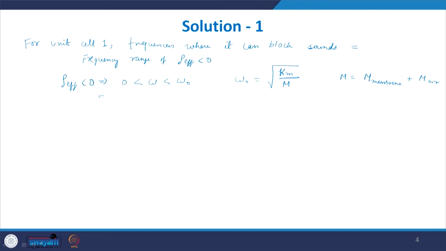What will be the range in the frequency scale? In the linear frequency scale, the range will be 0 to omega naught by 2 pi.